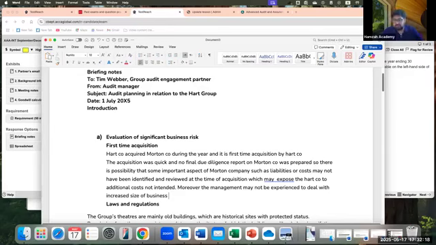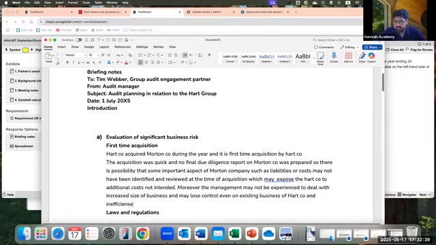They may lose control even on the existing business of Hart company, and inefficiencies may arise in business, and the existing business may deteriorate.